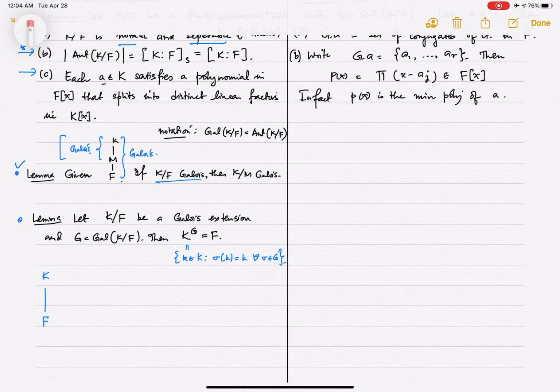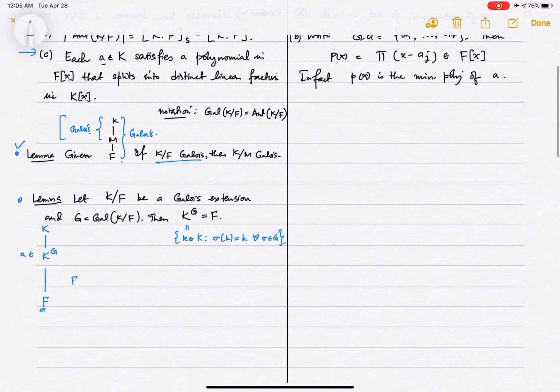So this is rather interesting actually. You take some A in K^G, and you want to show that A is actually in F. Right? You want to show that K^G is F. What we would argue actually is that this extension F(A) is equal to F. So we'll show that these are equal by showing that the dimension of this vector space is 1.